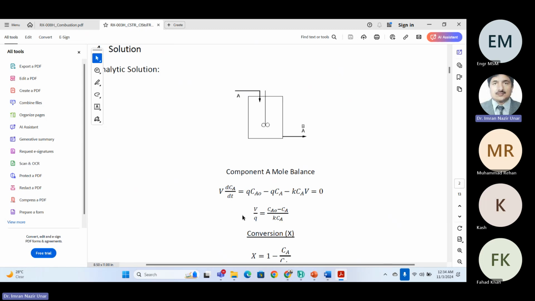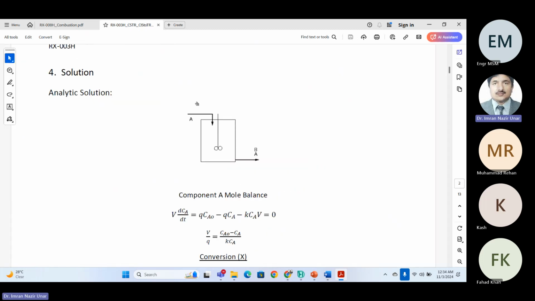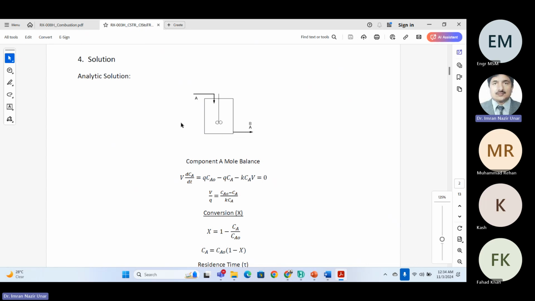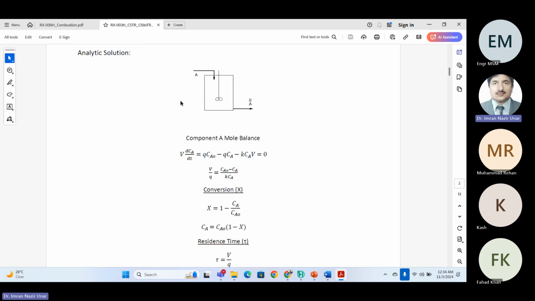It says that this tutorial is giving us a little bit of mathematical understanding. We studied in our subjects how we actually do reaction engineering problems, numerics. So this is component A, mole balance: moles going in, moles reacted, and moles taken out.